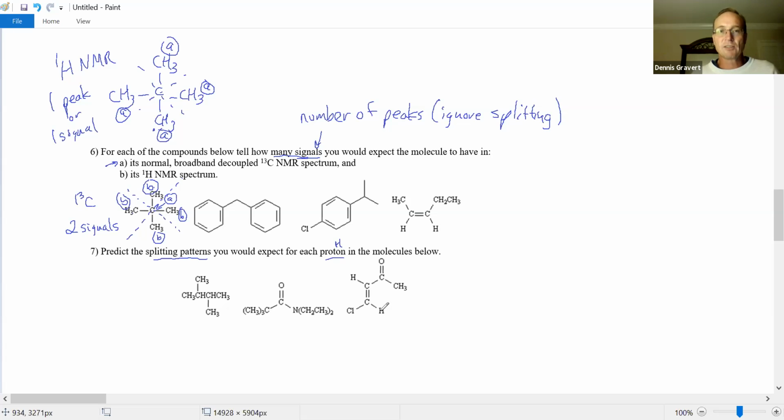Let's go down here and do this last one. What's the splitting pattern? Okay, well, splitting patterns are only seen in hydrogen NMR. So ignore the carbon, and of course, ignore oxygen and chlorine. They don't produce peaks in either the NMR of hydrogen or of carbon. They're not carbon, they're not hydrogen. They won't produce a peak.